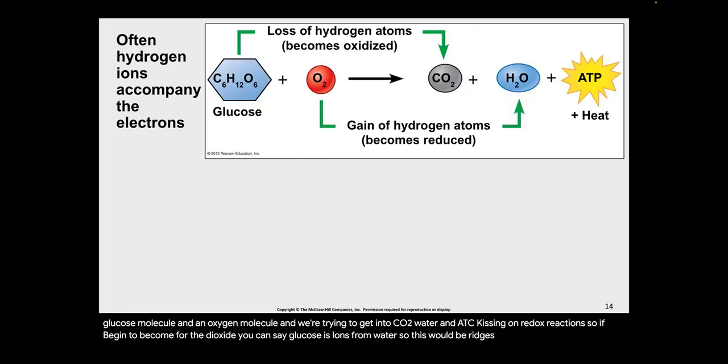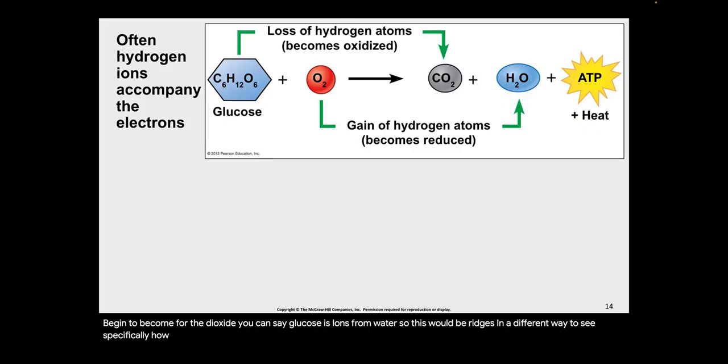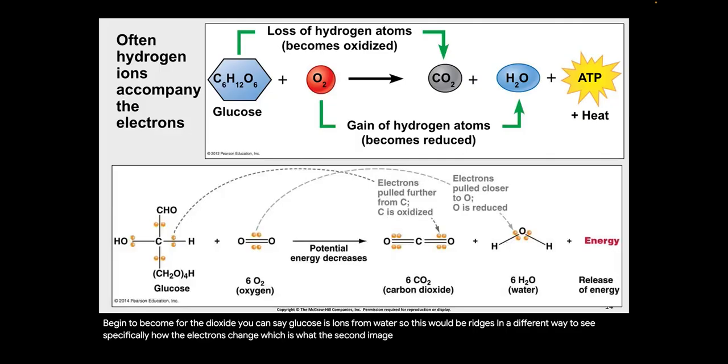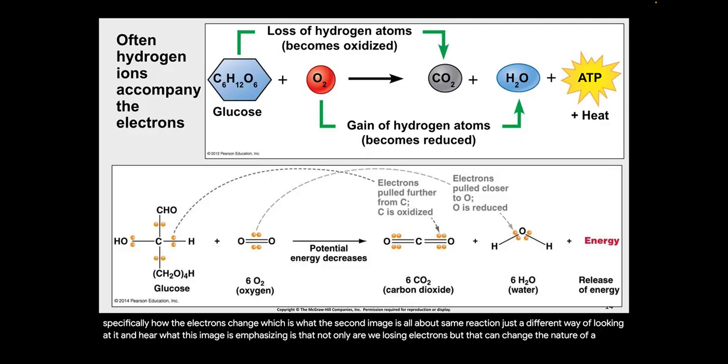Now we could look at this in a different way to see specifically how the electrons change, which is what the second image is all about. Same reaction, just a different way of looking at it. And here what this image is emphasizing is that not only are we losing and gaining electrons, right, but that can change the nature of a molecule, right?